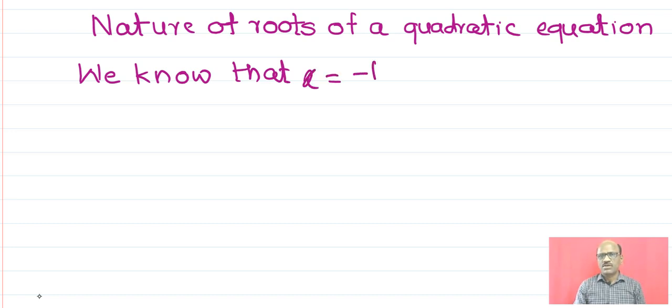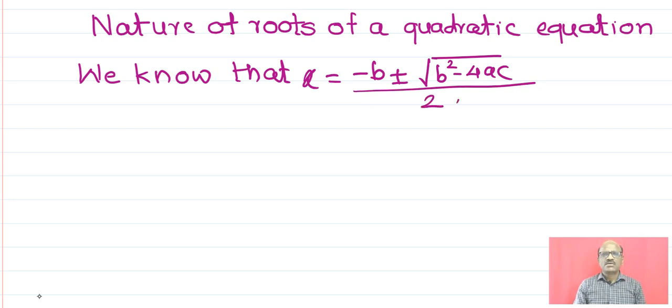We will write this. Then we know that x is equals to minus b plus or minus in root of b square minus 4ac for the quadratic equation. What is the quadratic equation? There is quadratic equation काय होतं? ax square plus bx plus c equals to 0.